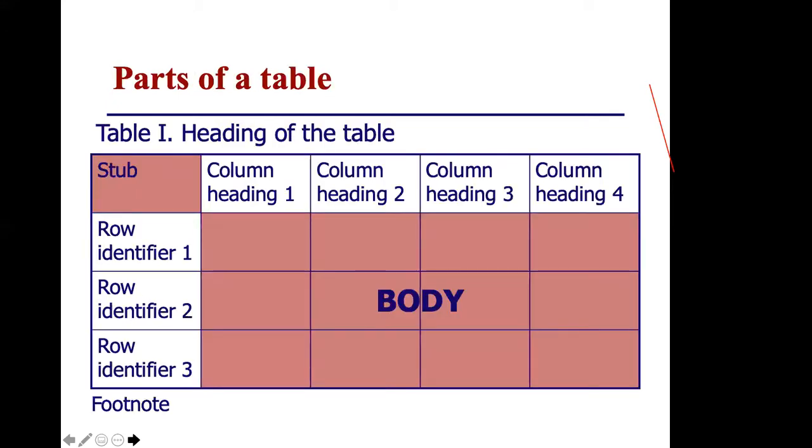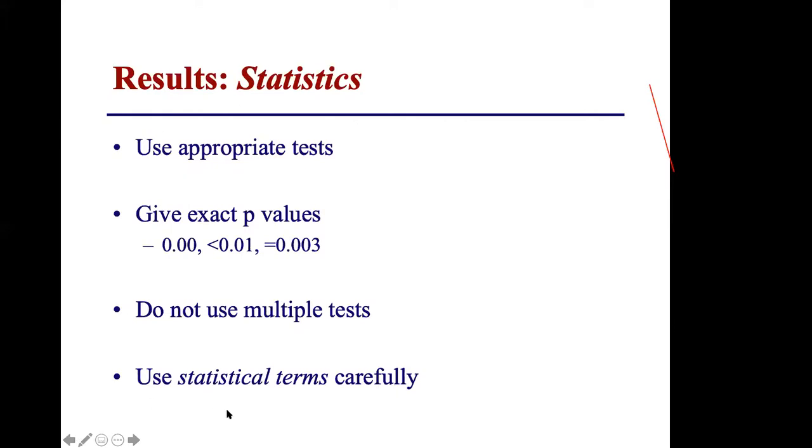So words like random, significant, correlation have a very specific connotation in scientific literature. In contrast, in the English language, when we're speaking, when you're writing, these could be used a bit more loosely. So therefore, it's important that when we use statistical terms, we use these very carefully.